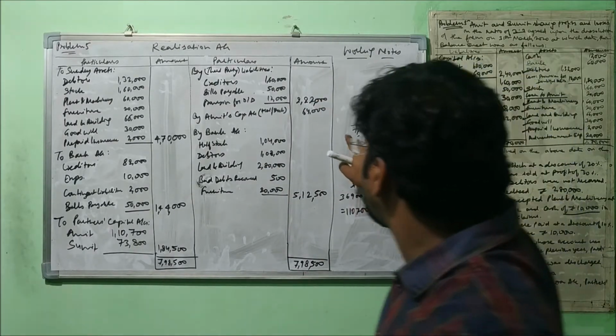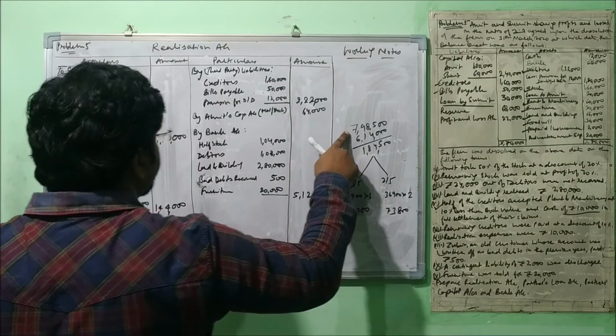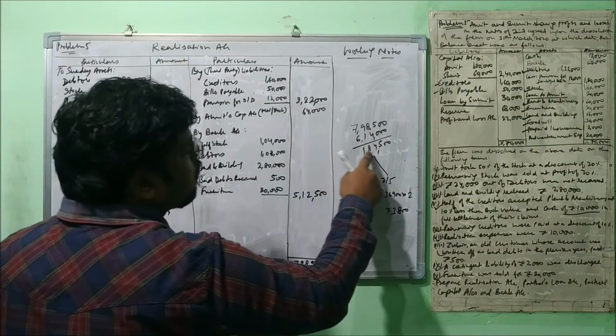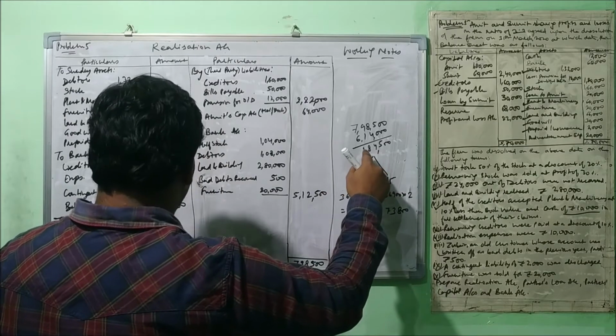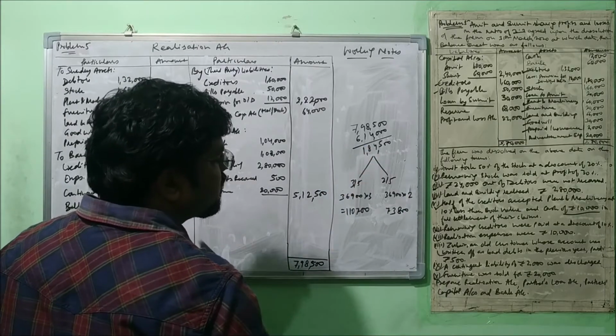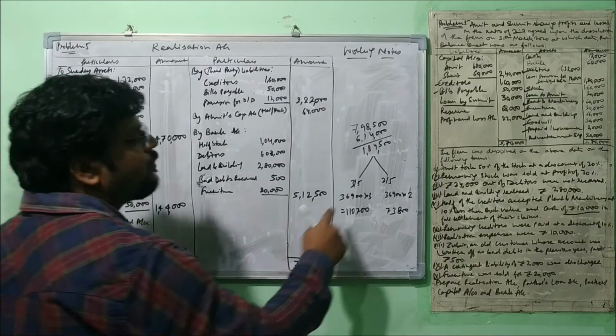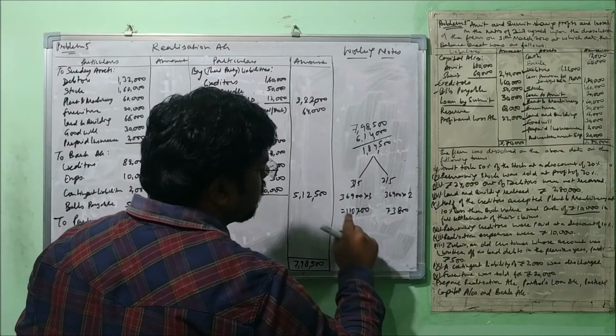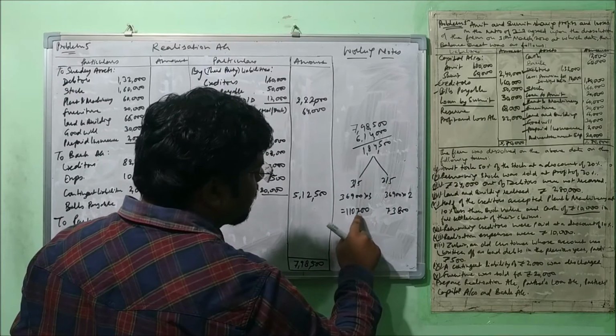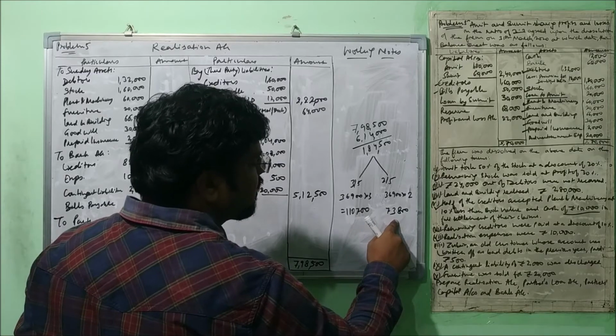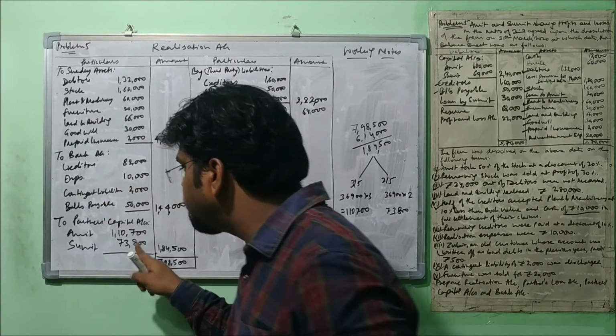Out of this 7,98,500, this side total 6,14,000 was deducted, and we got 1,84,500 as profit, and this was divided between the partners in the profit sharing ratio. Then we got for Amit 1,10,700 and for Sumit 73,800, and we did the entry here.